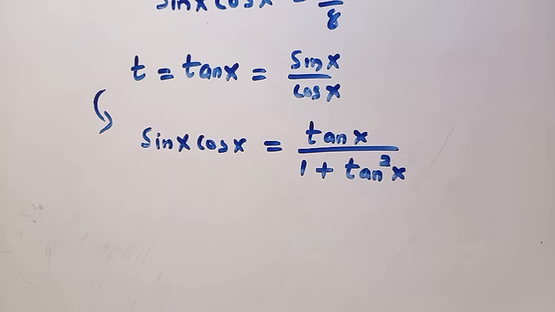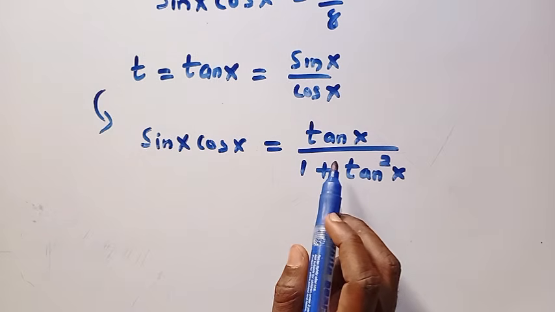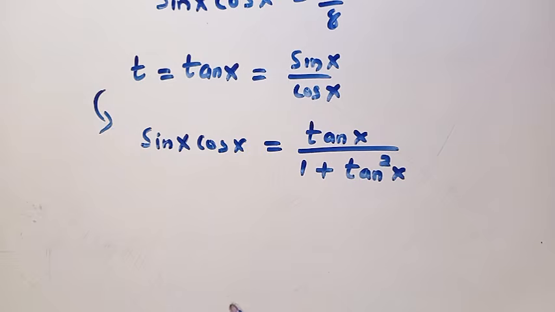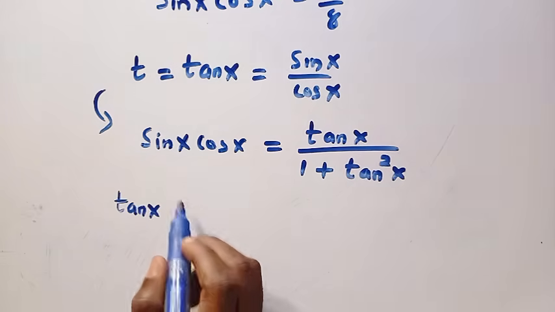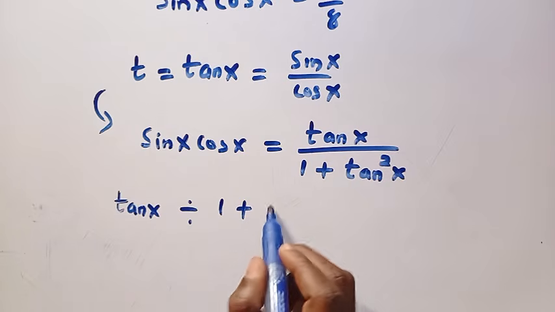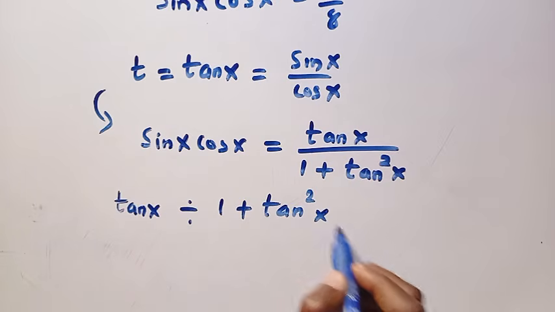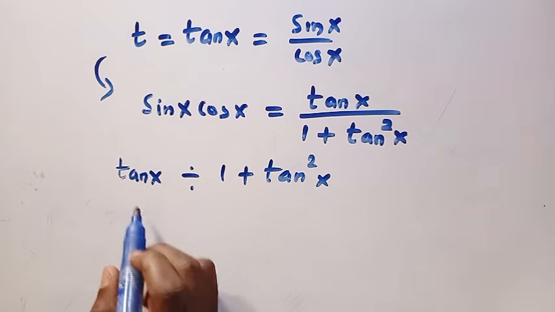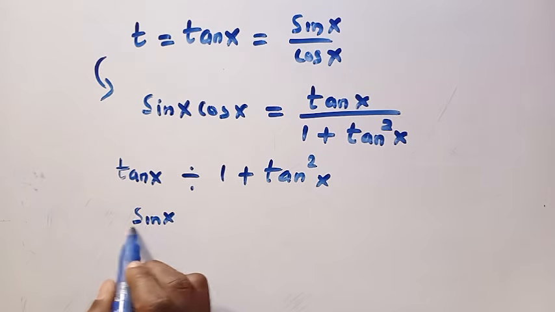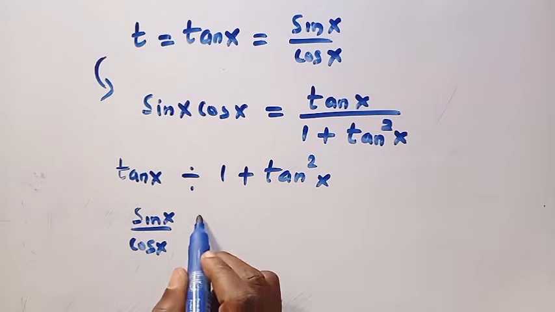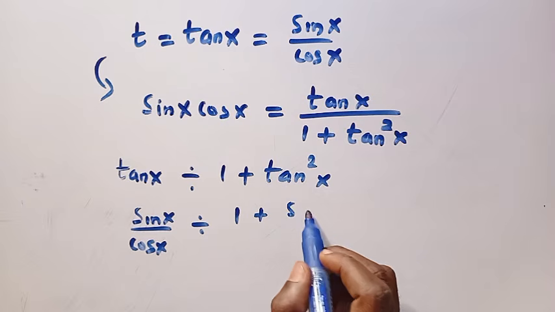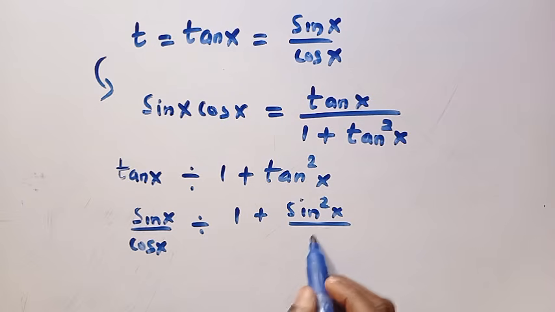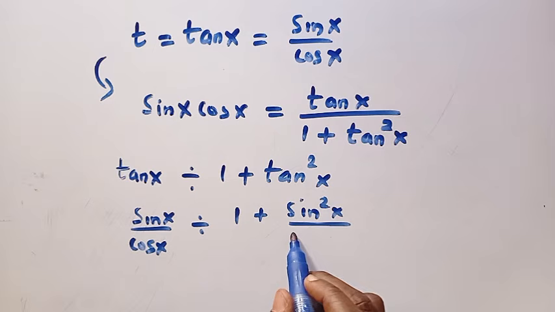And how? Let me prove it from this side. We have tan x divided by 1 plus tan squared x. And tan x here is sine x over cos x, divided by 1 plus sine squared x over cos squared x.